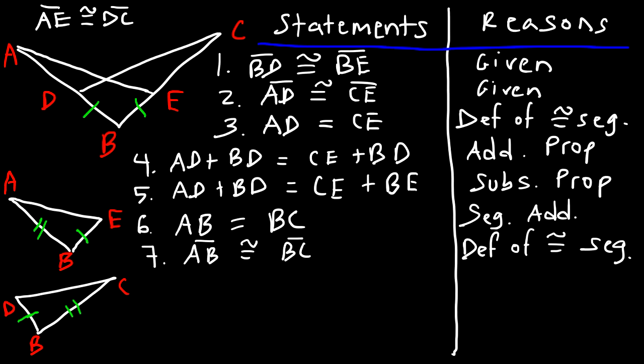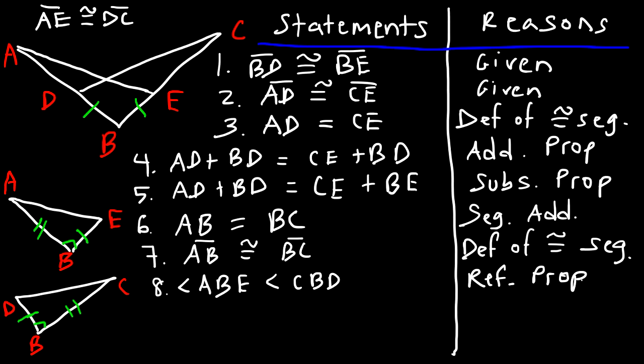Now notice that these two triangles share a common angle, that is angle B. So in step 8, we could say that angle ABE is congruent to angle CBD. And we can use the reflexive property for that because it's a common angle.